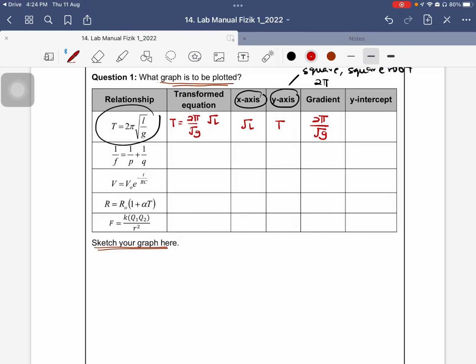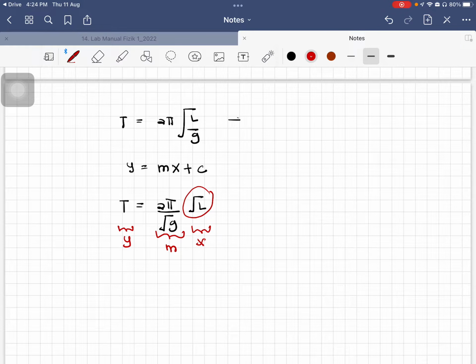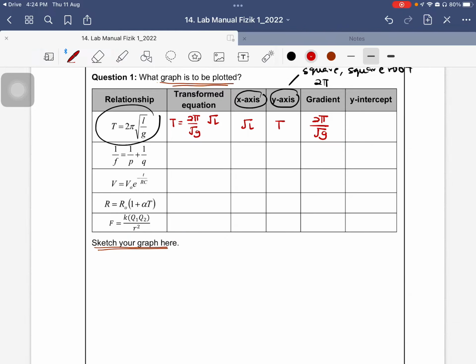As for the y-intercept, if you look here, there is no y-intercept. Your y-intercept is 0. This is how you put it in the table.